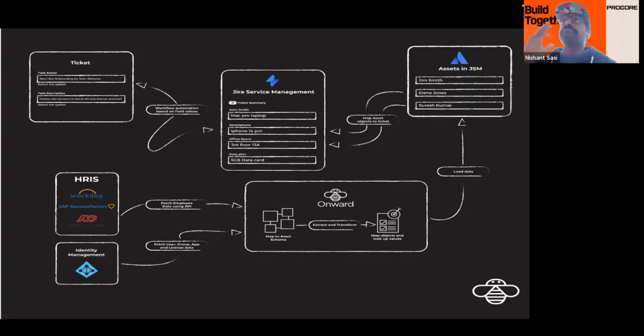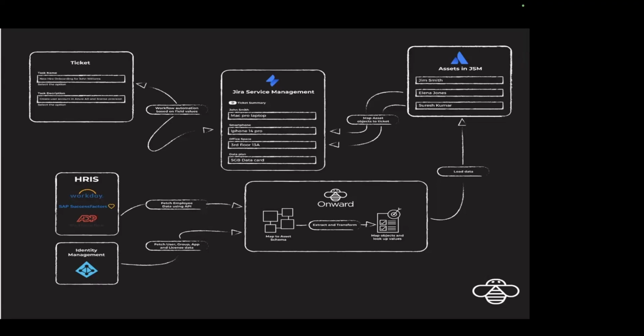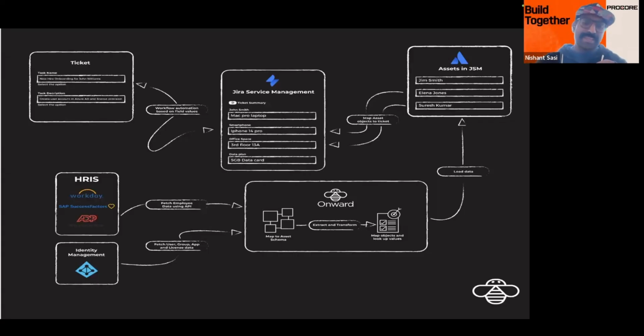There's no guesswork involved, and approvals become instant and not manual. The entire employee lifecycle becomes self-driving. And this is why Assets is far more than a CMDB. CMDB was the initial concept, but it's the operational memory and the decision layer of your ITSM ecosystem altogether.